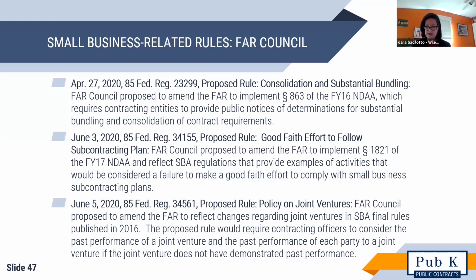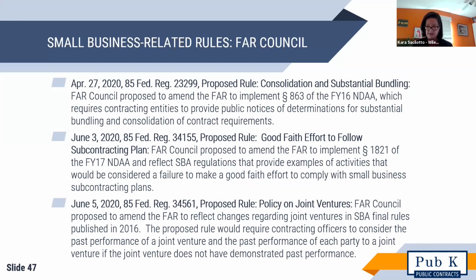The third bullet relates to a proposed FAR rule to align the FAR with a final SBA rule on joint ventures between large contractors and small businesses. There are a number of changes in this rule, and I will highlight just a few of them. Among other things, the proposed rule identifies when a JV can be considered a particular type of small business based on the status of the members of the JV or the small business member of the JV.